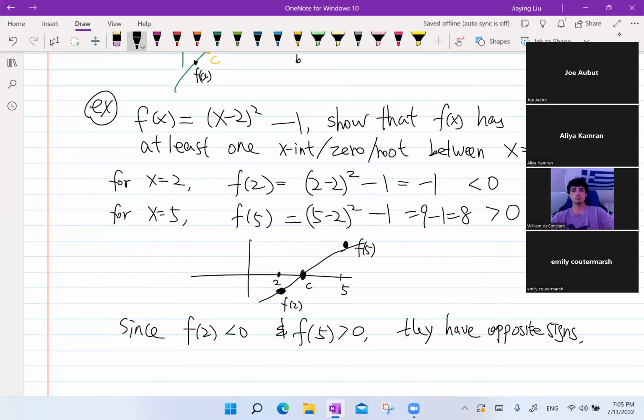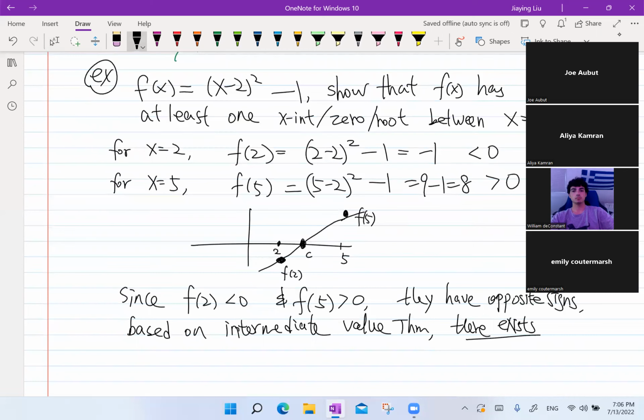And according to the intermediate value theorem, there exists, sometimes, just so you know, later on when you take calculus, you're going to see this notation.